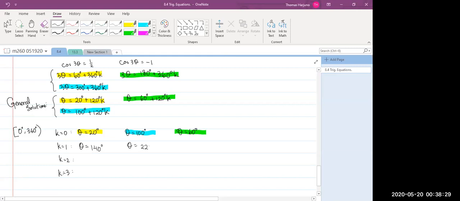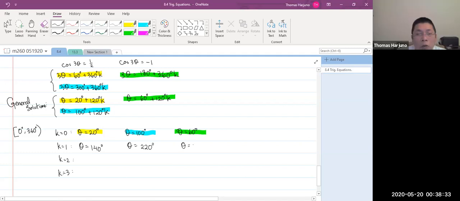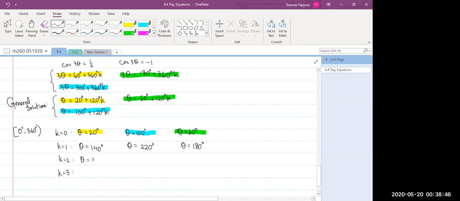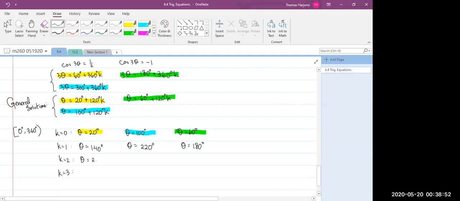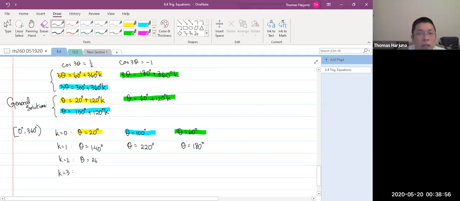And then the green one will be 180 degrees. Then when k equals 2, for the yellow one, you add another 120, right? 260, that's right.